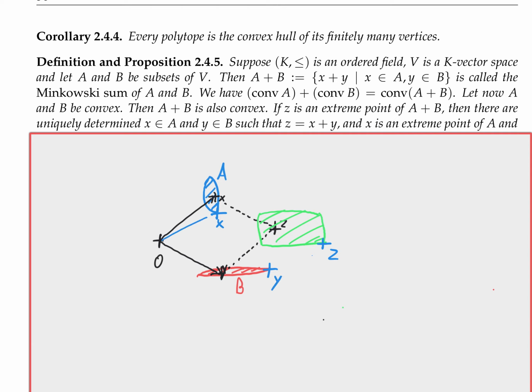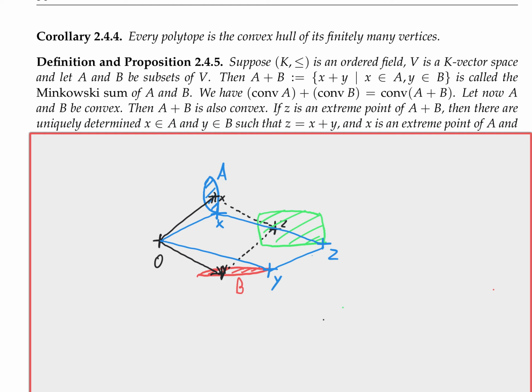And so a corresponding parallelogram is this one, right? If you are extreme here, then that comes from an extreme point here plus an extreme point here. And actually these extreme points are uniquely determined by that one. Okay?